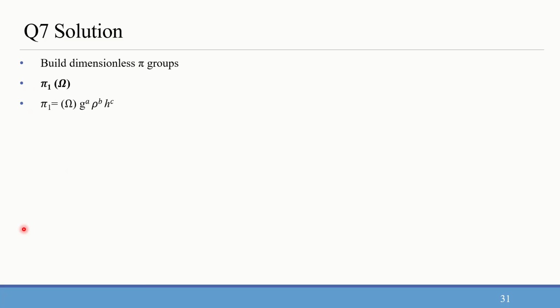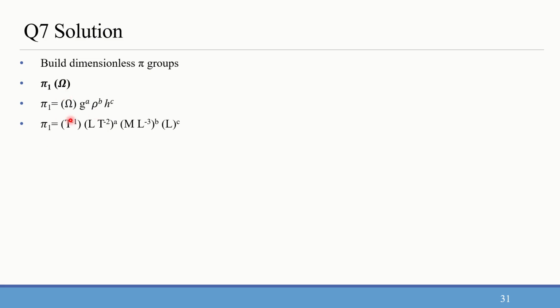So pi 1 is sigma times the repeating variables, which are g, rho and h. We assign exponents a, b, c, so g is to the power a, rho is to the power b, and h is to the power c.